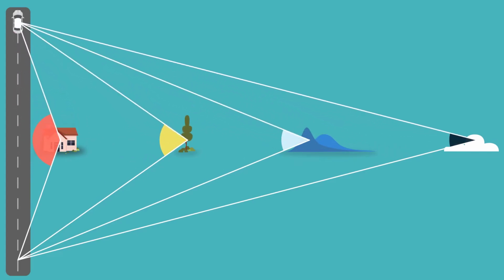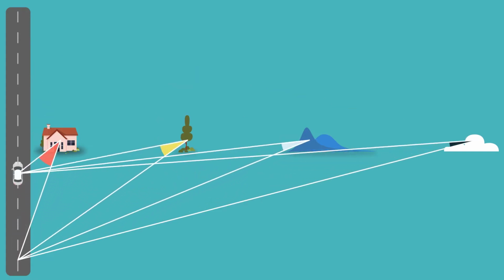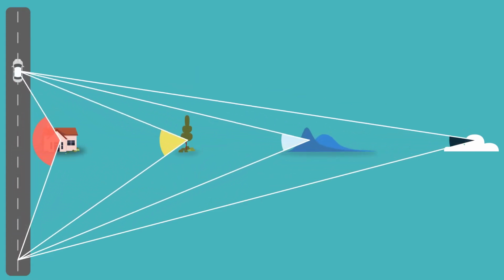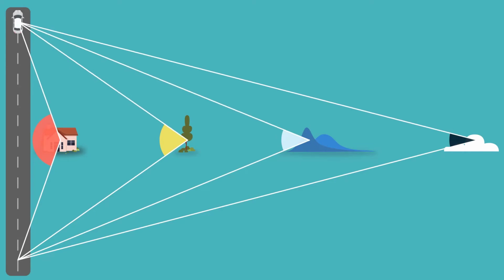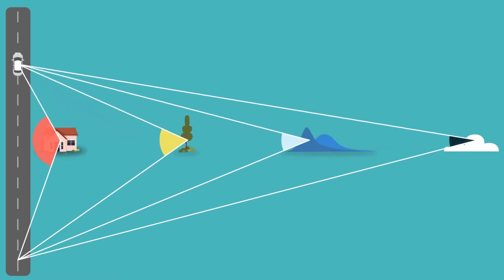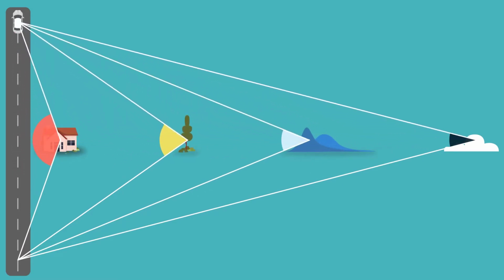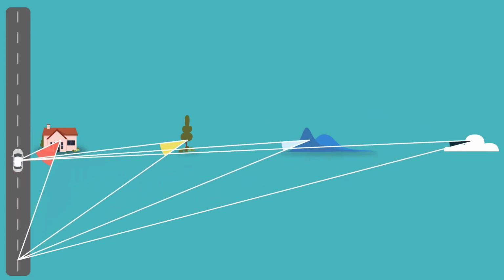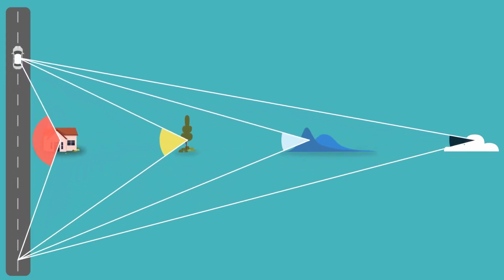The yellow angle is the amount of head rotation the person on the tree has to do. The white colored angle is the one the person on the mountain has to do. The black colored one is what the guy on the cloud has to do. And you can see these angles are different, and they're getting smaller and smaller when they get further away from the car. That's what's important.